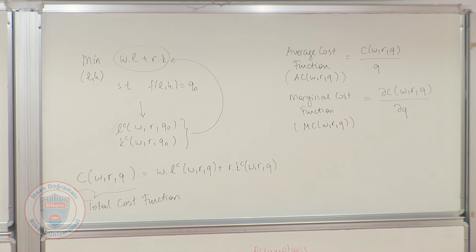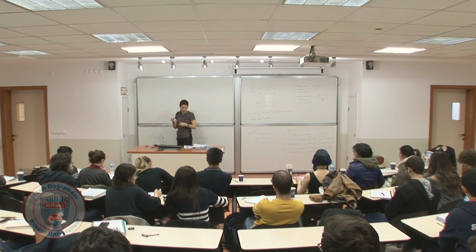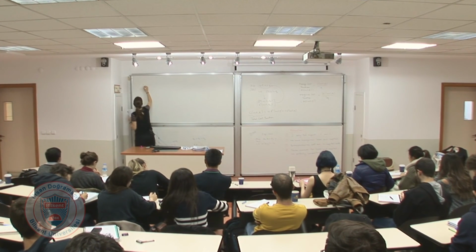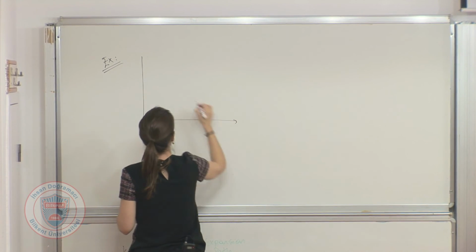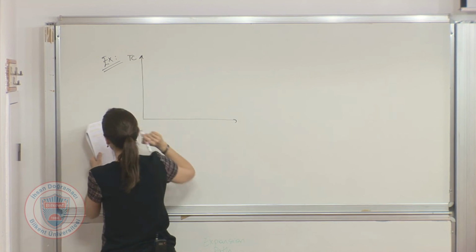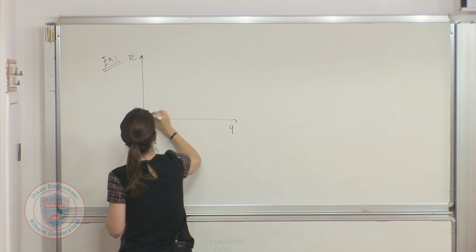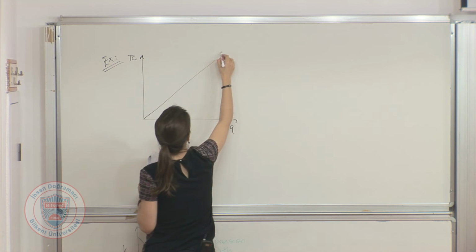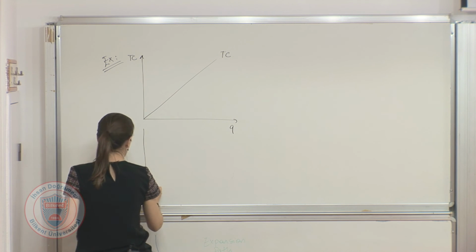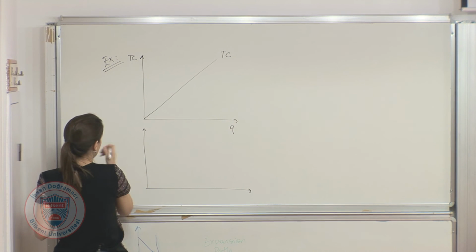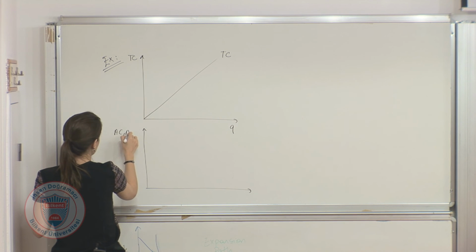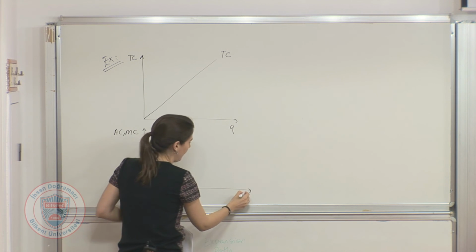Let's see whether you'll be able to figure this out. Suppose my total cost function is like this. I put total cost here, and Q. And then I'll have average cost, marginal cost, and Q.